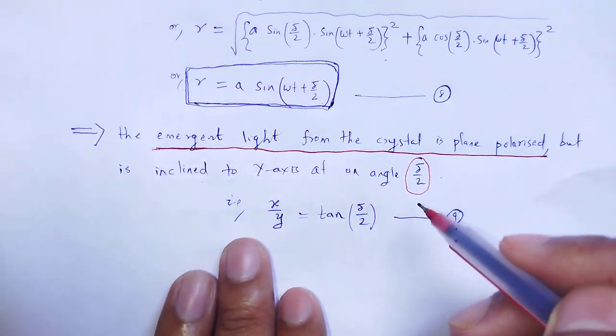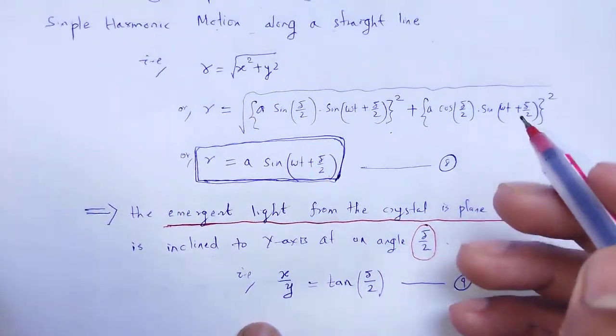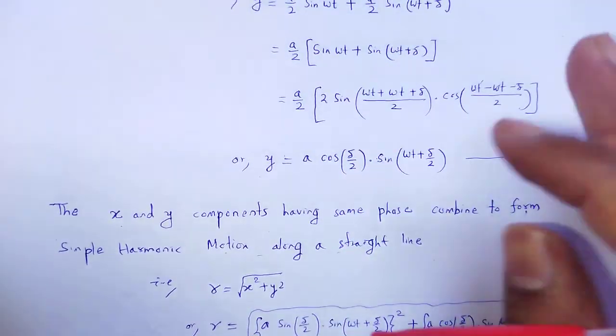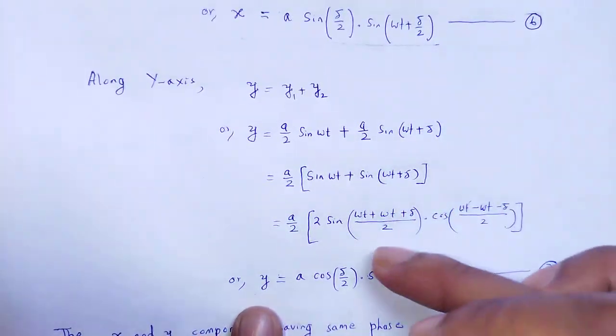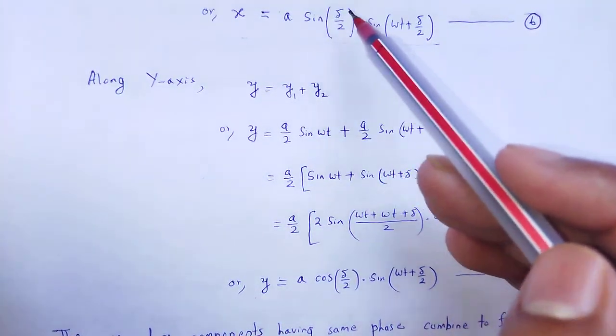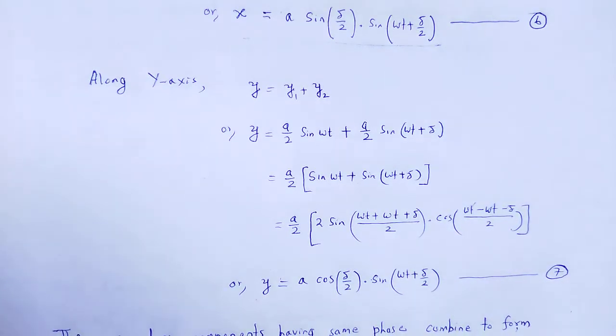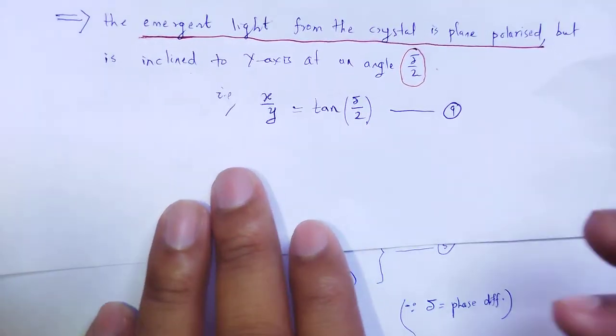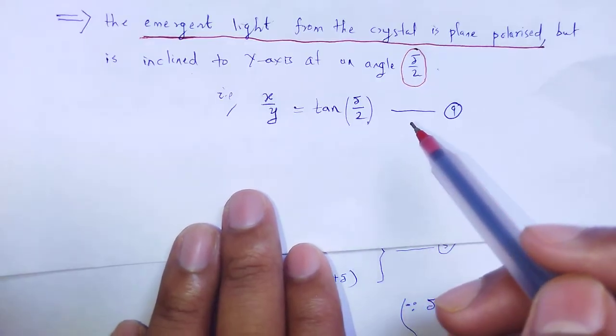That angle can easily be calculated by dividing x by y. That component cancels out, a cancels out, sin delta by 2 divided by cos delta by 2 is tan delta by 2. X by y is equal to tan delta by 2.